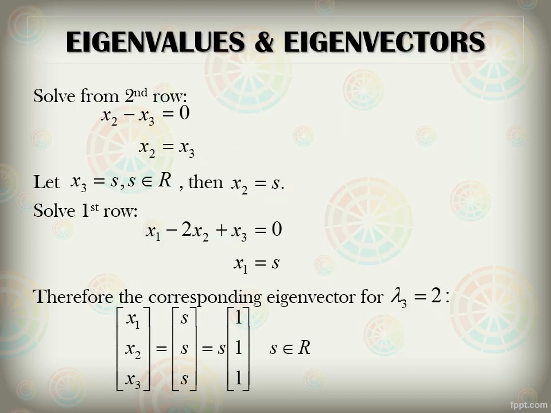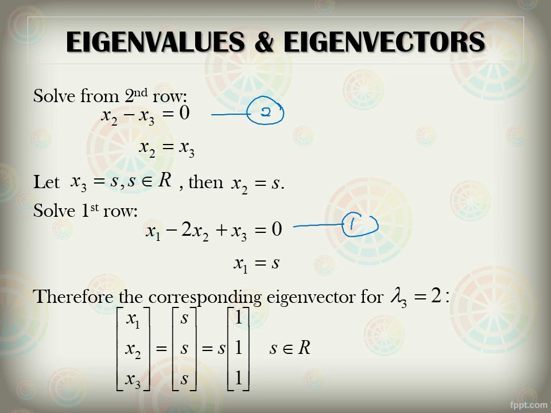So our third row has all zero entries, and from our second row we have x2 minus x3 equal to 0, and when we write x2 as the subject, x2 equals x3. From our first row, we have x1 minus 2x2 plus x3 equal to 0.